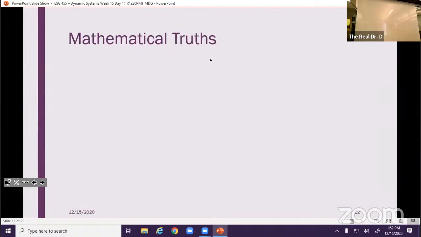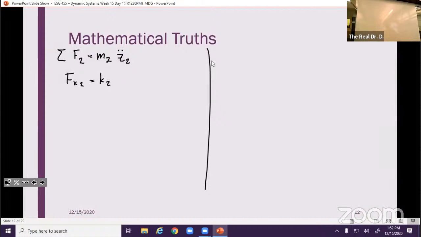So let's write our mathematical truths. I'll segment this in half, and I'll do all of the block 2 truths here. Notice that I used Z. That was intentional, because we're going to have to do, we'll talk about that in a second.